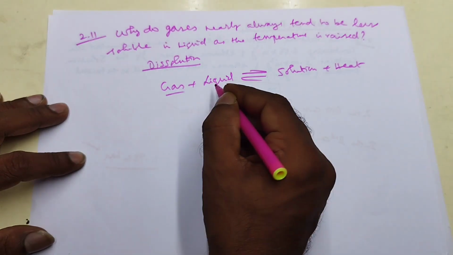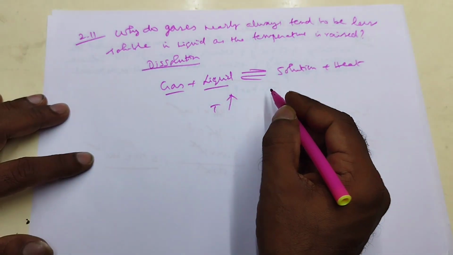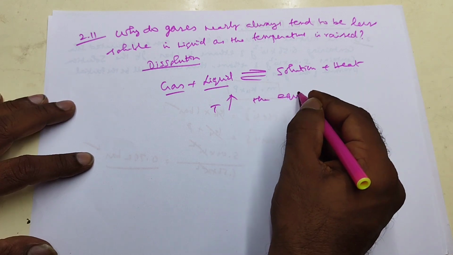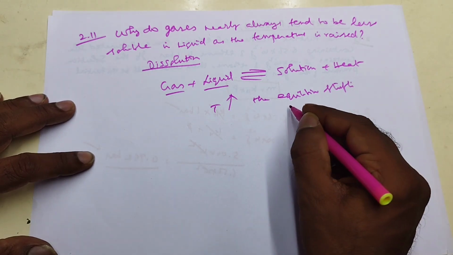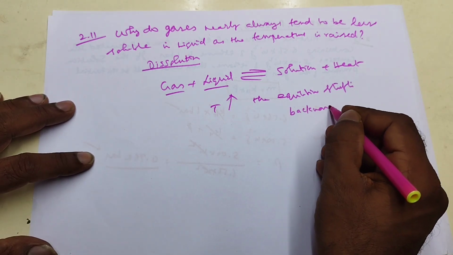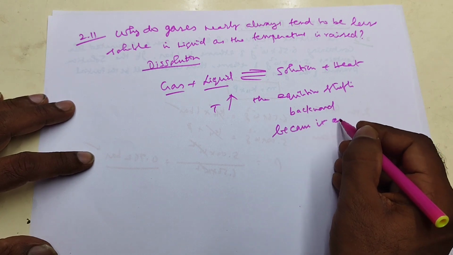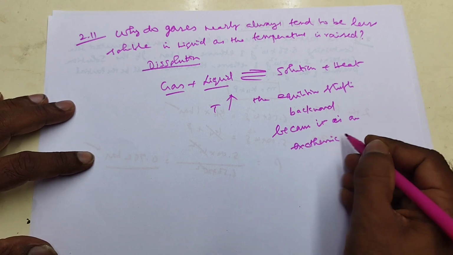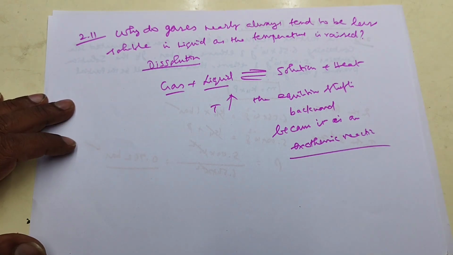When the gas dissolves in liquid, if you raise the temperature, the equilibrium shifts backward, because it is an exothermic reaction. That's why the gases are less soluble in this case.